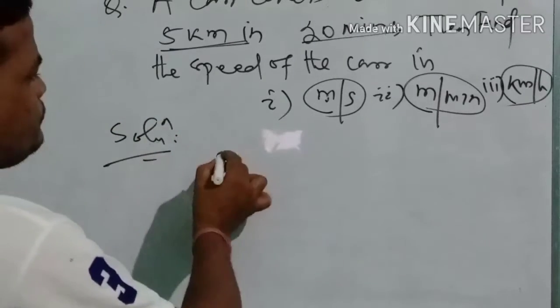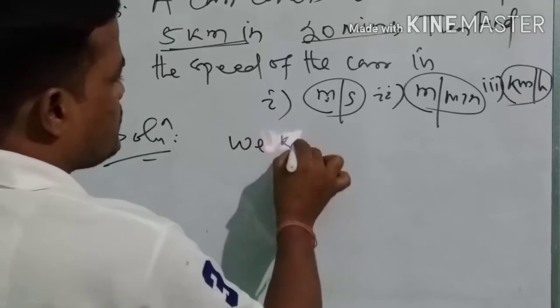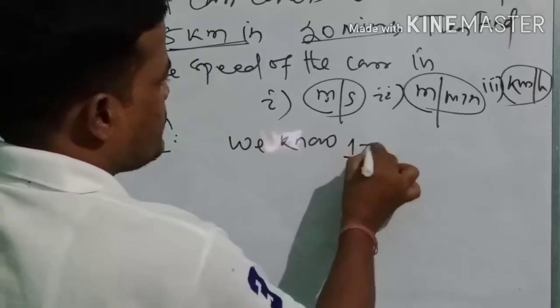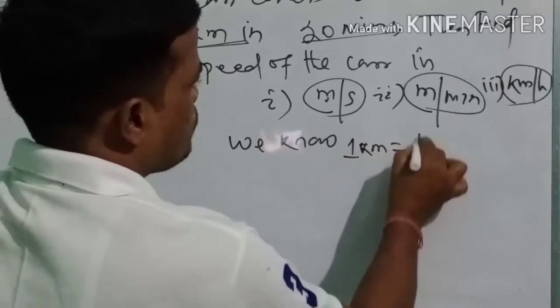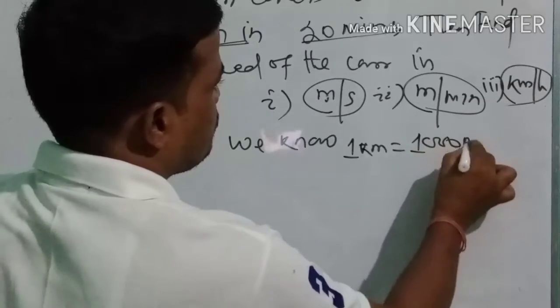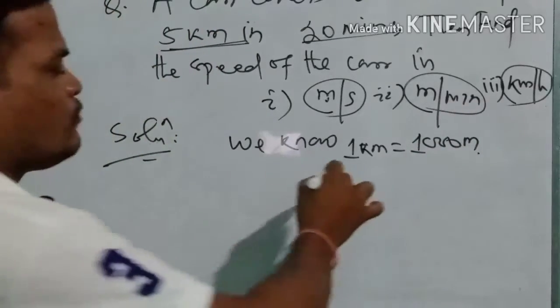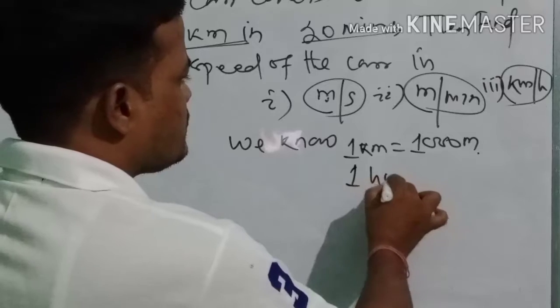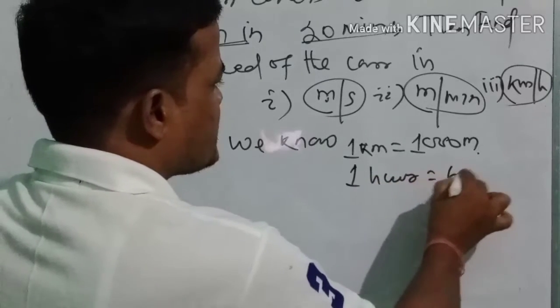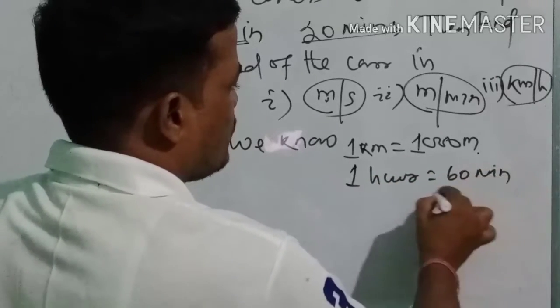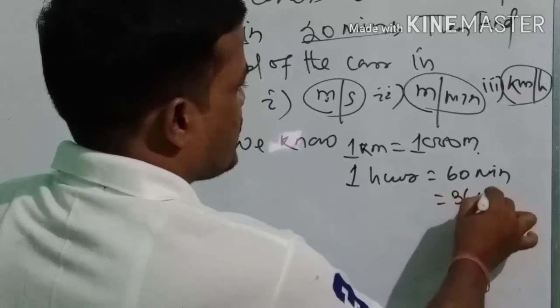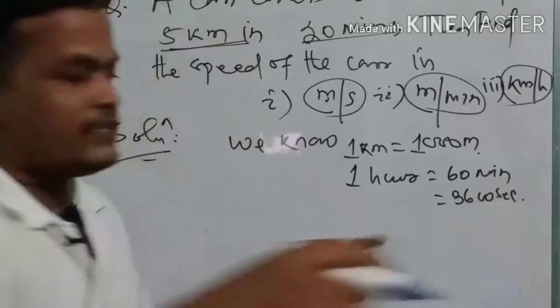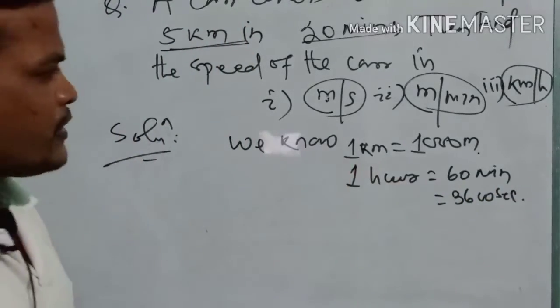So we know 1 kilometer equal to 1000 meter, and 1 hour is equal to 60 minutes, or we can say 3600 seconds. This is the data we should keep in mind.